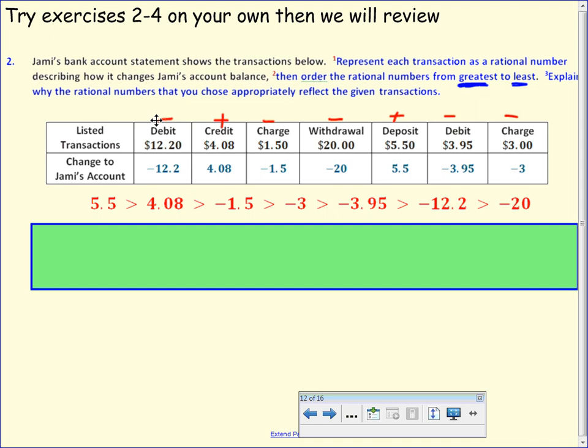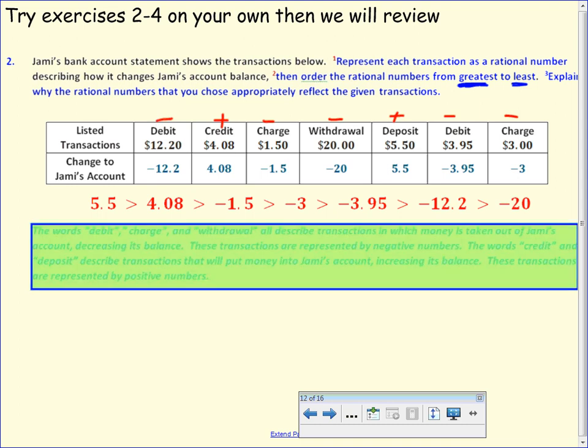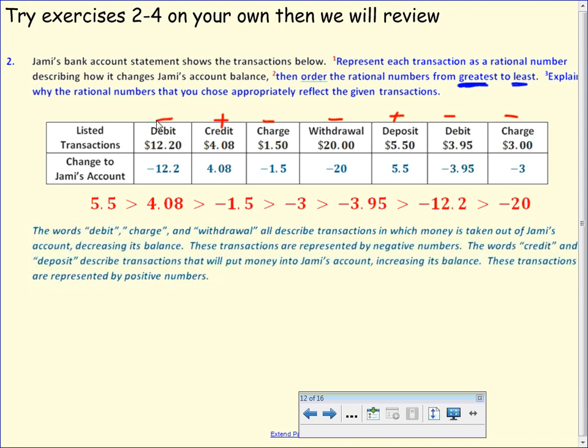Now the third part is asking you to explain why the rational numbers you chose reflect the given transactions. Well, how did we know if it was positive or negative? We looked at the words. The words gave us information. So words like debit, charge, and withdrawal all describe negative numbers.